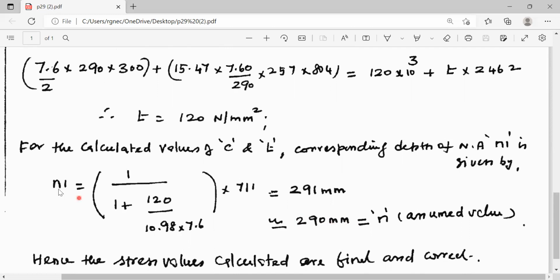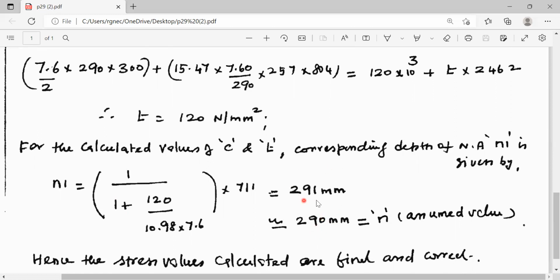Suppose this value of N1 comes to 300 mm, then you have to repeat the trial by increasing the value of neutral axis. You have assumed N as 290 mm, and if this is coming to 300 mm, then you have to increase this value by some mm. Therefore, you can assume the next trial as 295 mm.